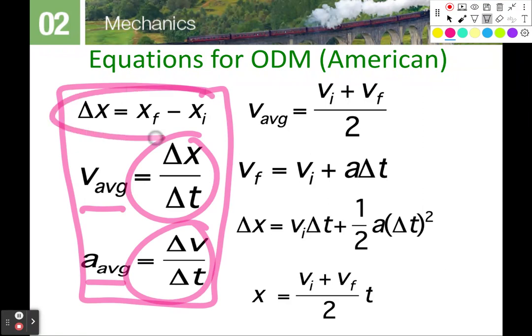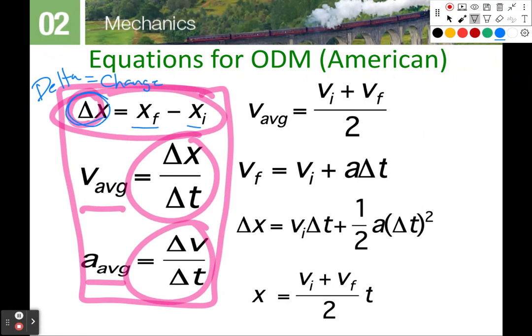And yes, we need to understand that this symbol right here is a fancy little Greek symbol that is delta. Okay, that's delta. And delta is just a fancy word for change. So what this really says is a change in displacement is our final displacement minus our initial.